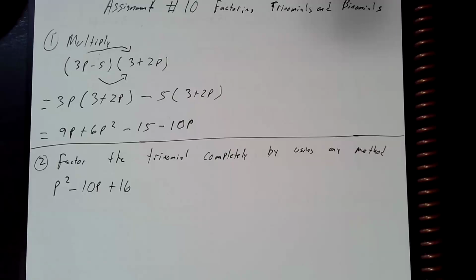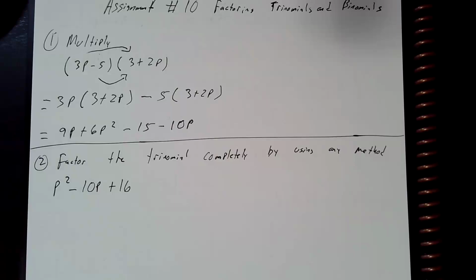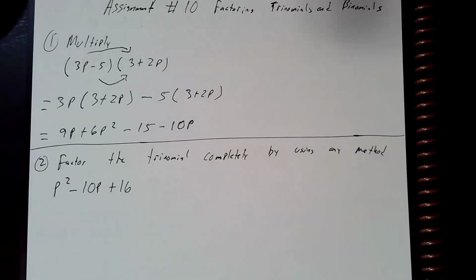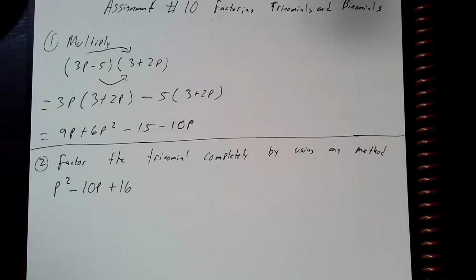So the next thing is count the terms. How many terms we got? We have 3 terms. So check if it's a perfect square or AC method or trial and error.